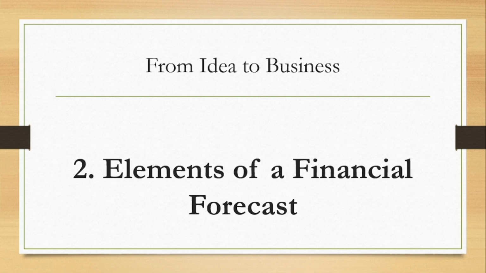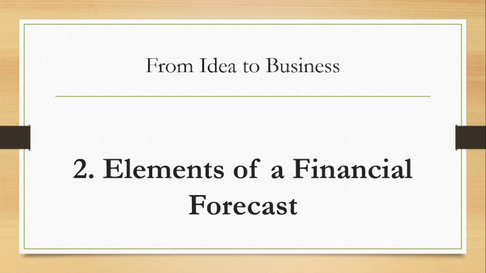Then next we're going to look at the elements of financial forecasting. Forecasting involves predicting what would happen in the event something either good or bad happened. In this case we're going to be looking at the financial bit of it.